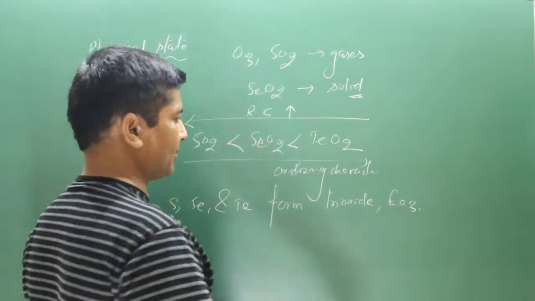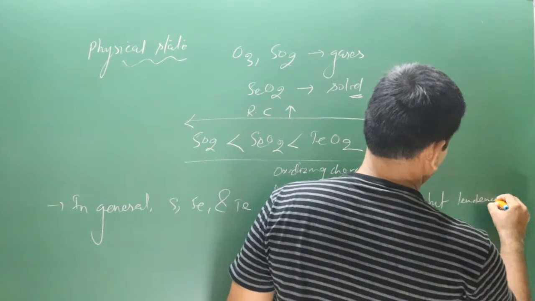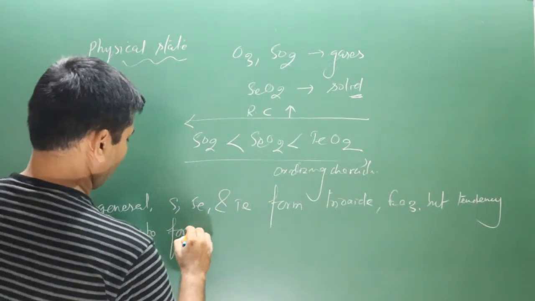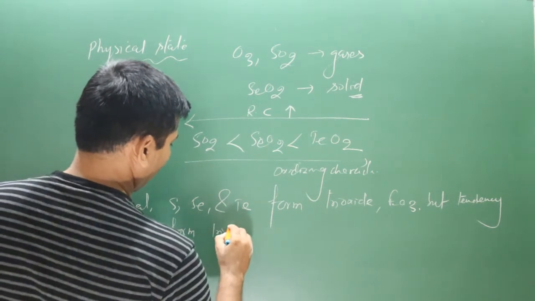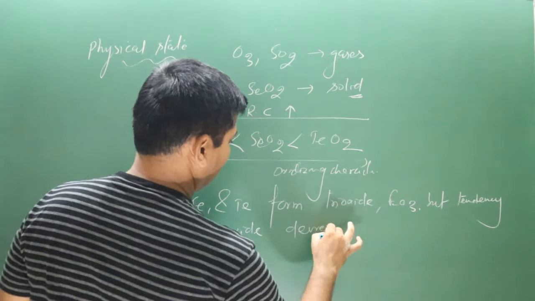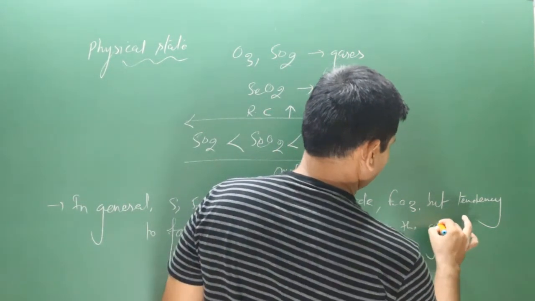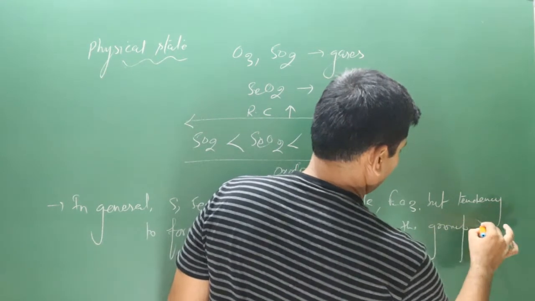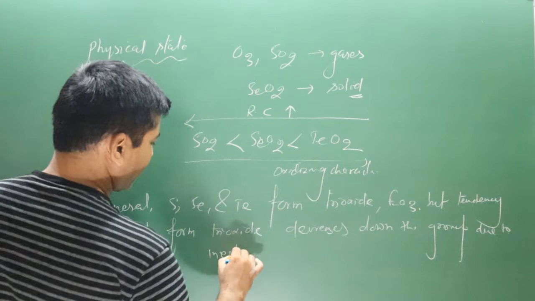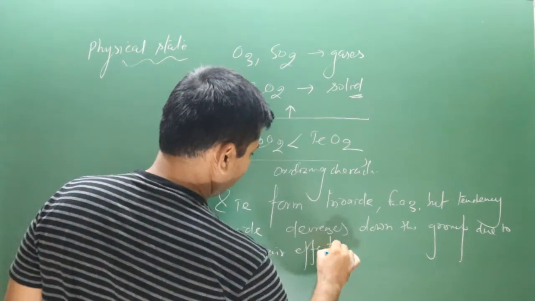You can write this sentence: but tendency to form trioxide decreases down the group, the reason being inert pair effect.